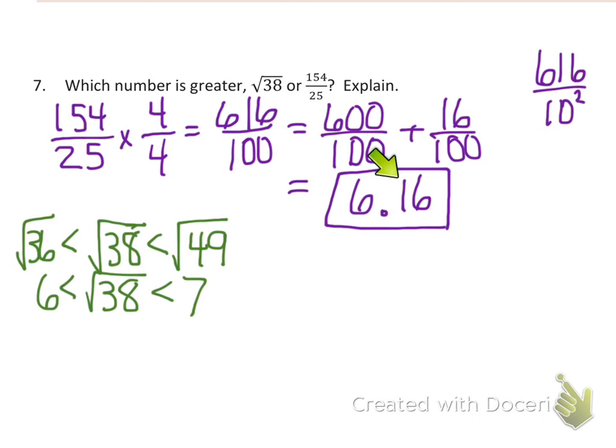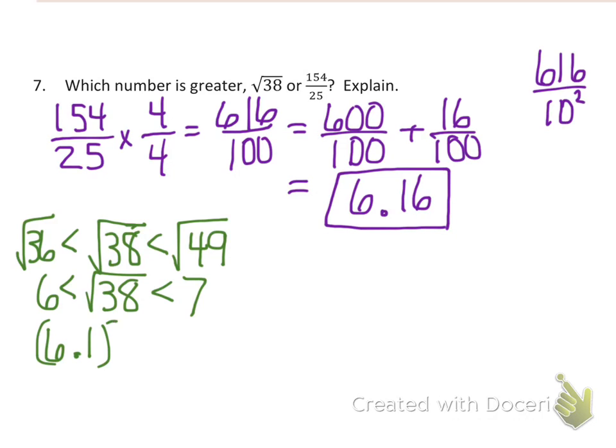All right, so what is this number though? I need more information. I need to go out to another decimal place. And so I'm going to check decimals in the tens place that are closer to 6 than to 7. So I can check 6.1.